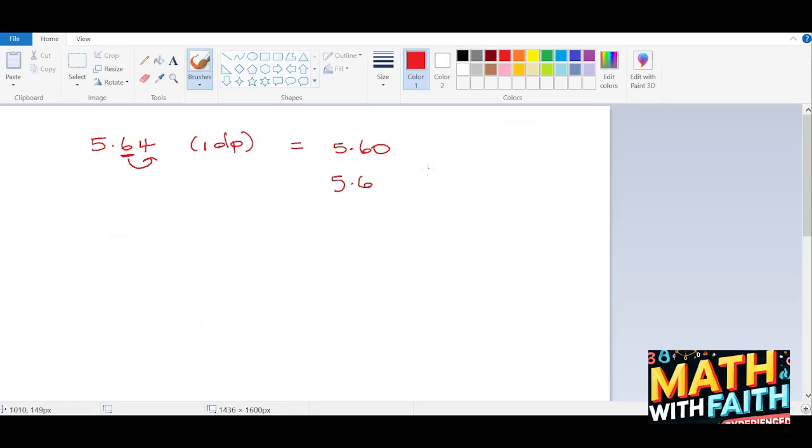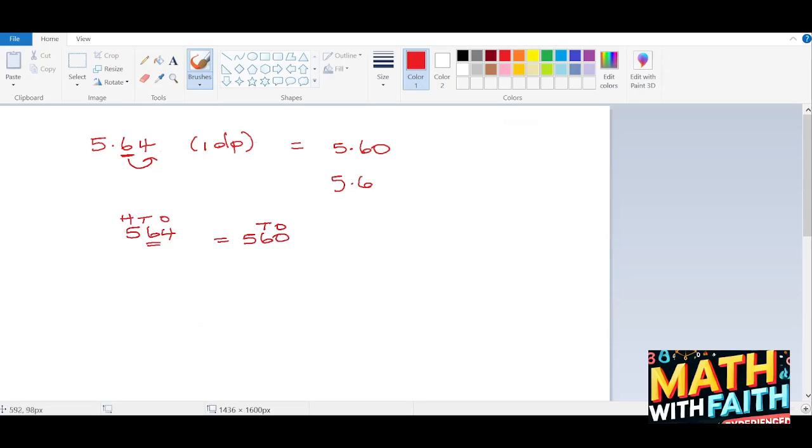That's a little different than when we did the 10s, the 100s, the 1,000s, etc. Because when we were doing, let's say, 564, and we rounded it off to the nearest 10, we would have said that would have been 560, because this 6 still needs to be in the 10s column. So we have to fill in the 0 for the 1s.